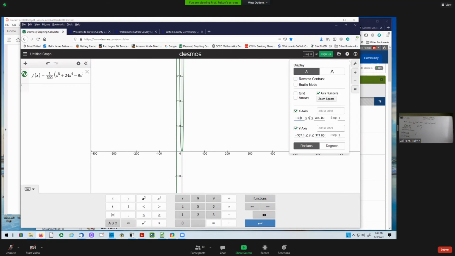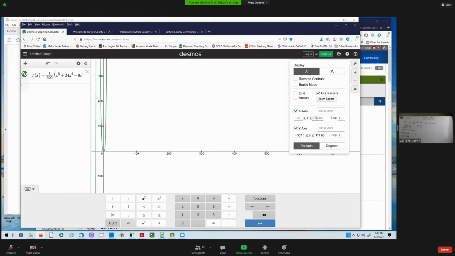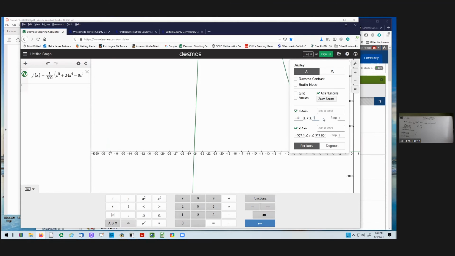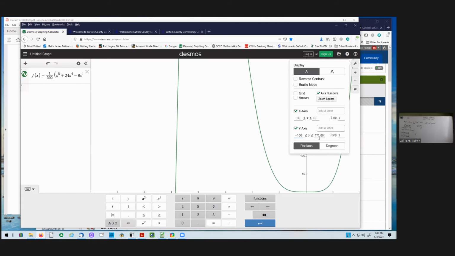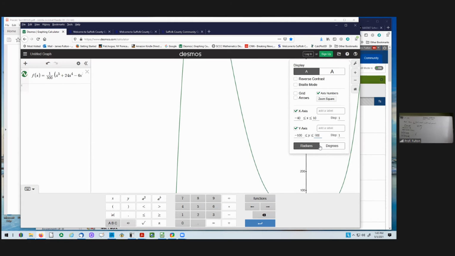I can probably go to 10 on the x, but where I really have to worry about is going up high enough over here. Down here, it's not going to go that far down, so let me just take this as minus 100, and let's see how far I have to go up. Let me take this up to, say, 800. Even have to go up further than that. Take it up to 1,000.